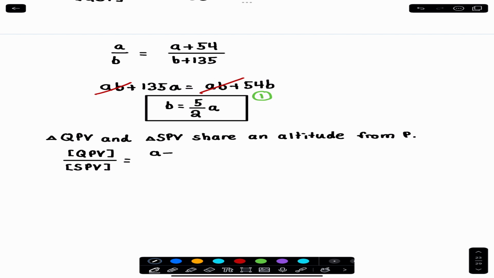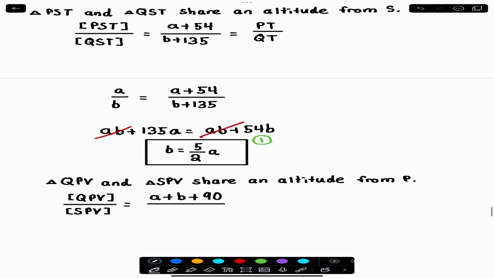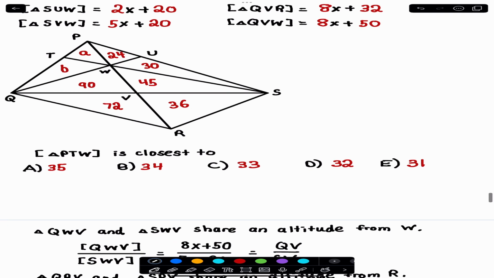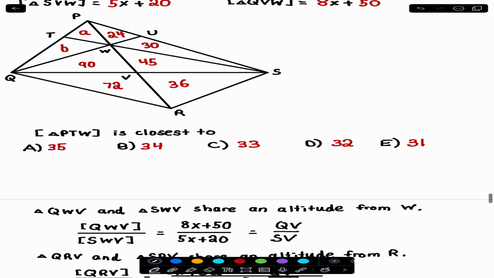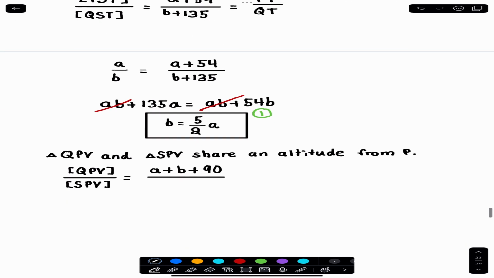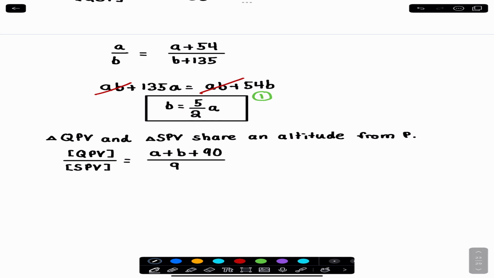That's all we can do for now. The area of triangle SPV is 24 plus 30 plus 45. 24 plus 30 is 54, plus 45 is 99.